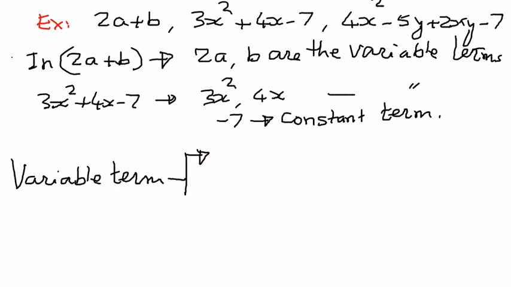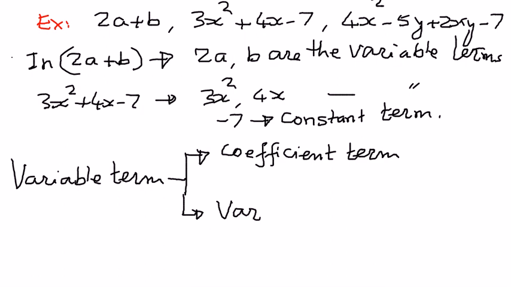The first part is called the coefficient term, and the second part is called the variable part. We could also say this as the coefficient part and the variable part.